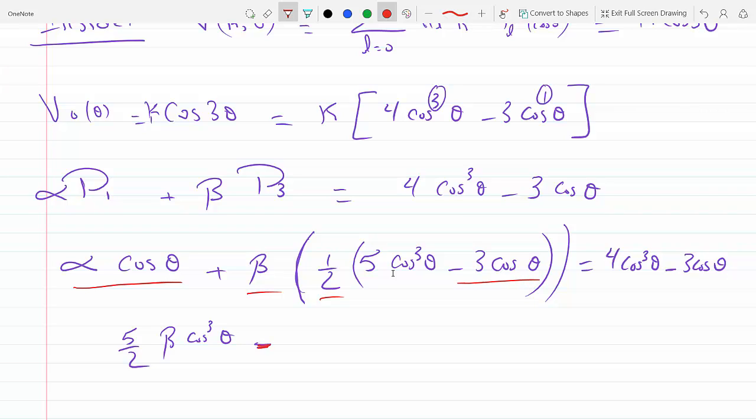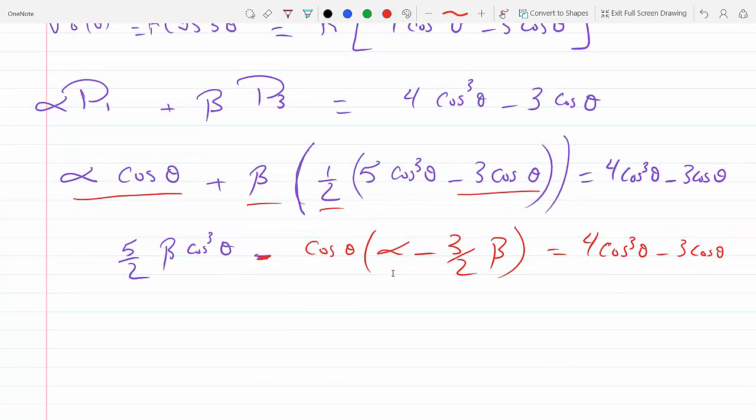So I pull the cosine outside and get alpha half minus 3 over 2 beta, and this has to equal 4 cosine cube theta minus 3 cosine theta.